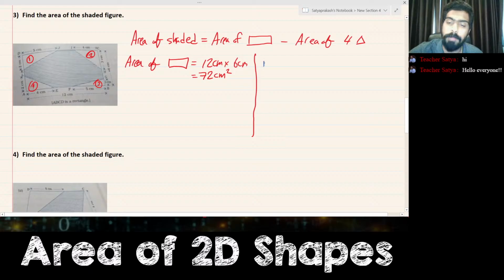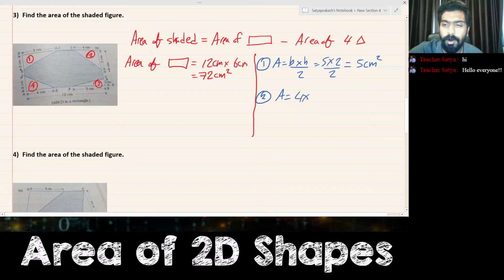So let's start off by triangle number 1. So again, area is B times H over 2, right? So we have 5 times 2 divided by 2, which would give us 5 centimeter square, right? Now let's go to the second triangle. Again, area is equal to base times height divided by 2.